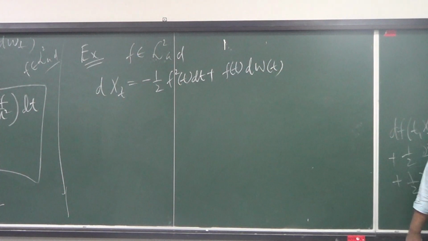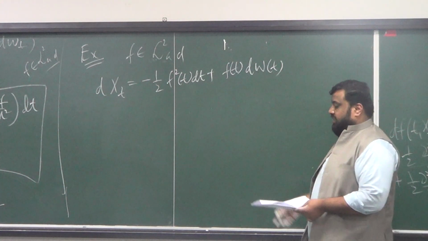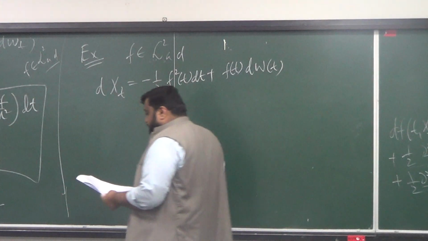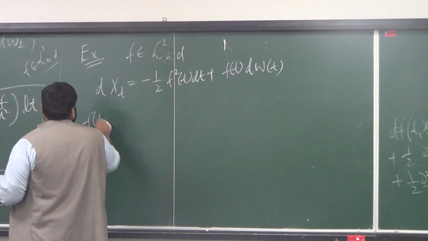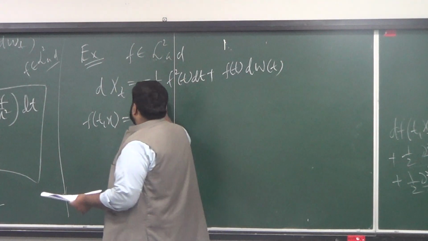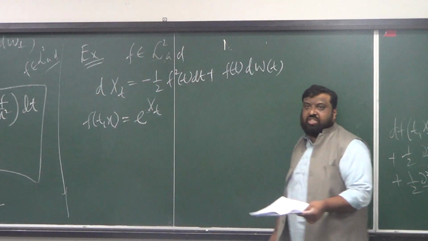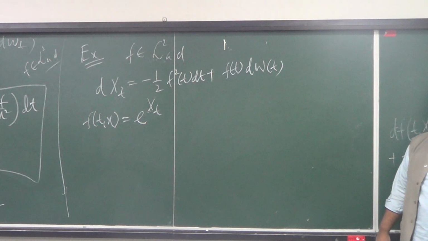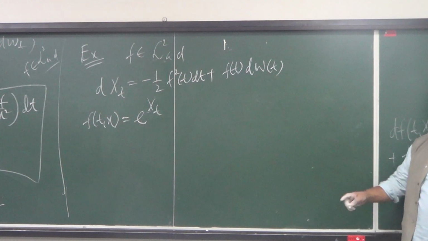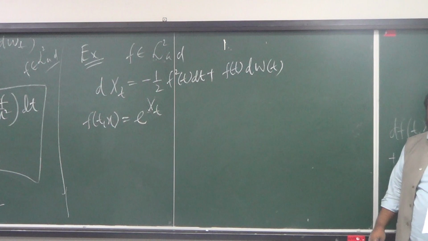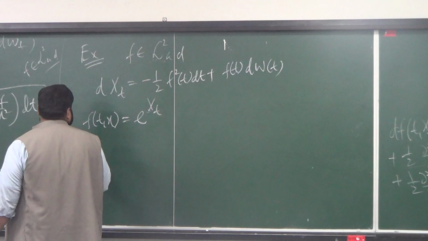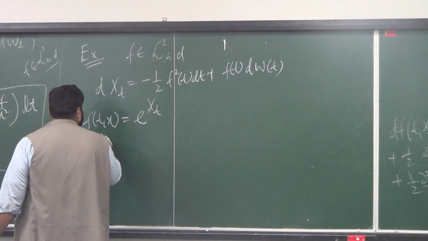It's written in integral form here, but I have written it in differential form; it's the same thing. Imagine I have the function F(t, x) equal to e to the x. In other words, I want the dynamics of e to the xt. What would be the stochastic differential equation satisfied by d of e to the xt?